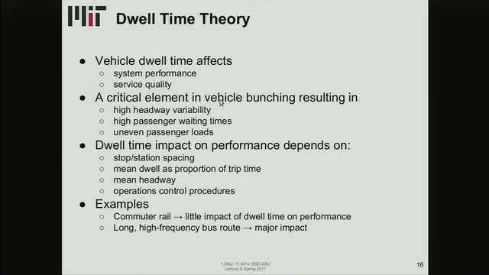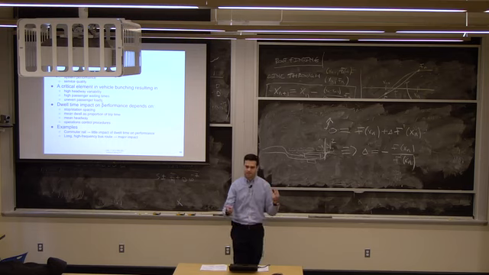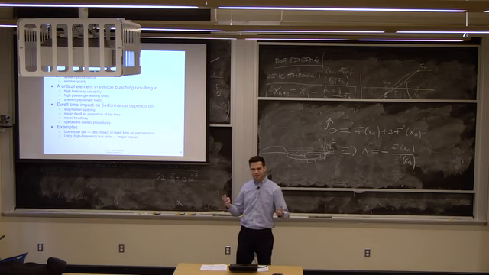We've discussed why and how, and they affect service quality. We've also discussed why and how. They're a critical element in vehicle bunching. I think that has also been covered. So they result in high headway variability, high passenger waiting times, and uneven passenger loads. That last point we hadn't mentioned, but the point has been made indirectly, right?